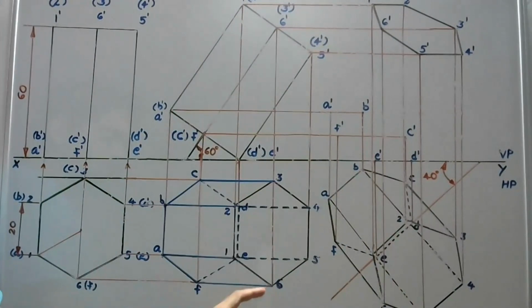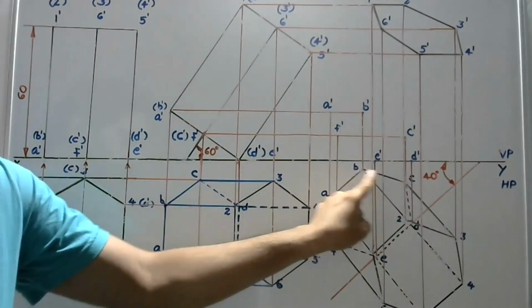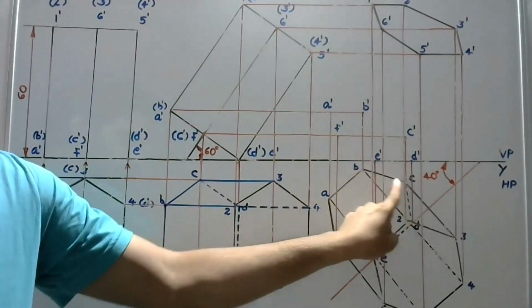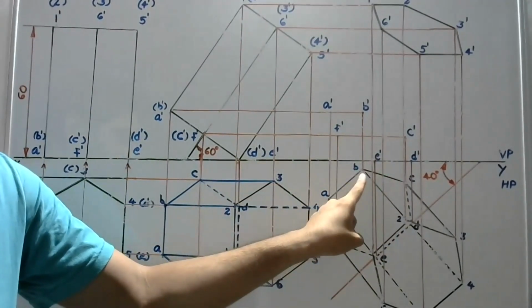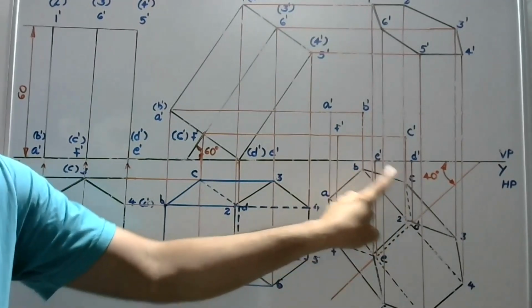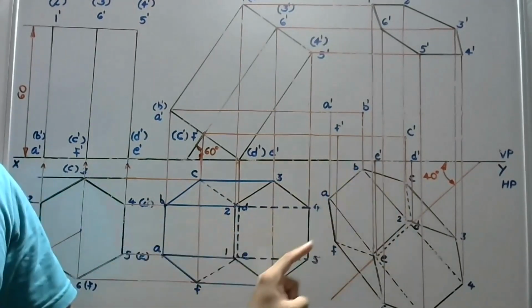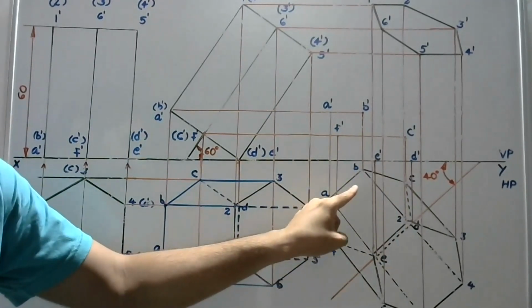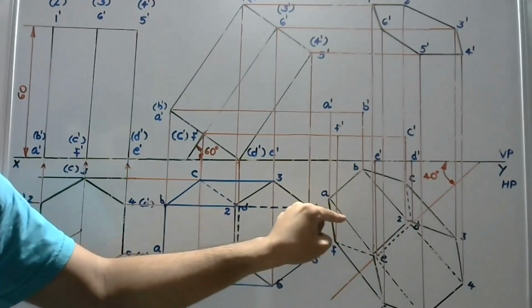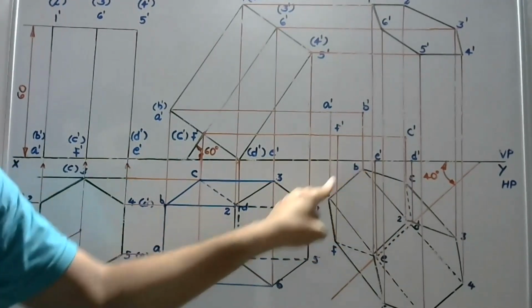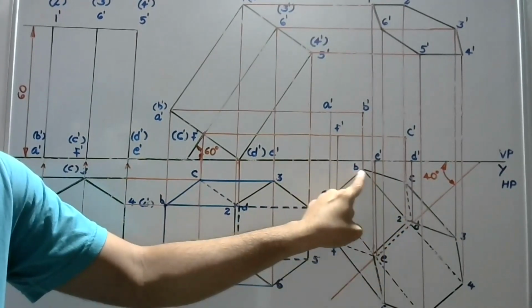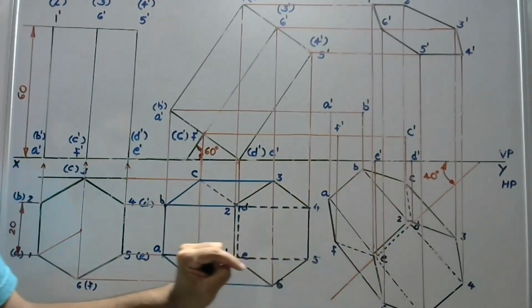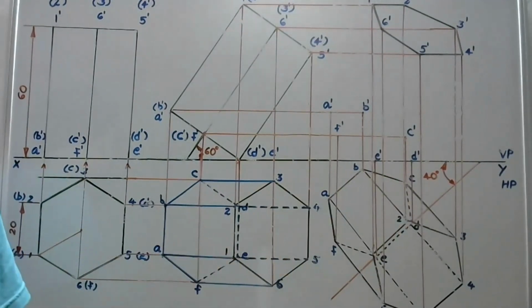In this case, the end BC is very close to VP. Then in the front view direction, we cannot see BC. We are not able to see BC. So the lines connecting corners B and C, that are BA, B2, BC are invisible.